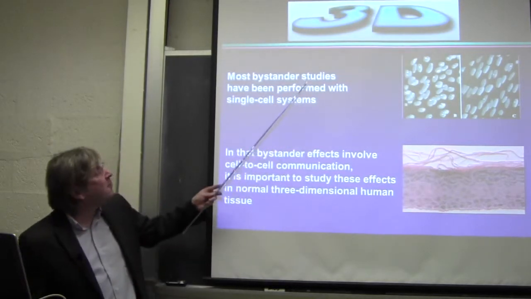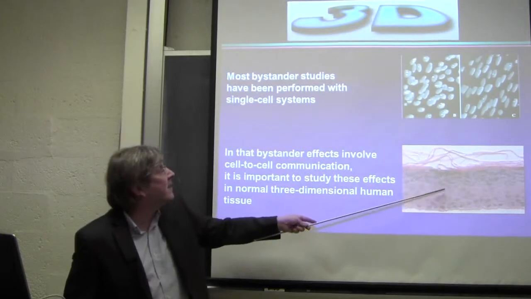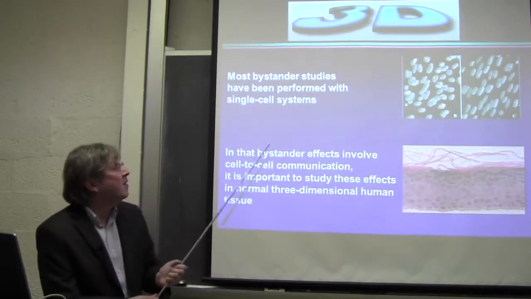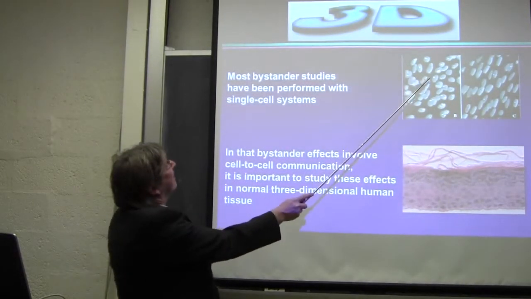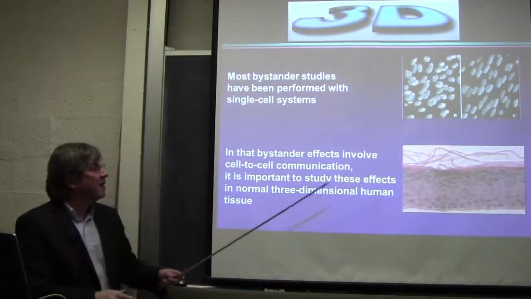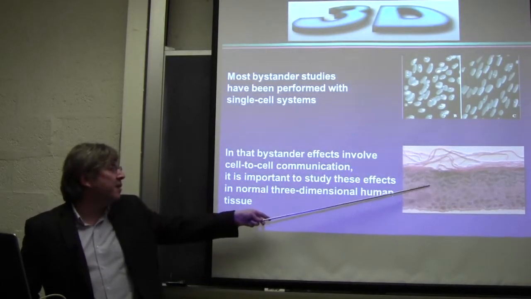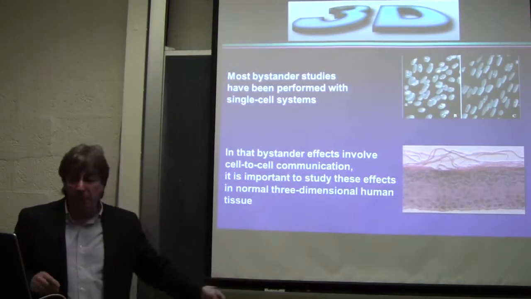So we've done a lot of experiments, for example, in some artificial skin systems, like you see here. I think it makes a lot more sense than the classic single cells on a dish studies to look at three-dimensional tissue, this being an example.